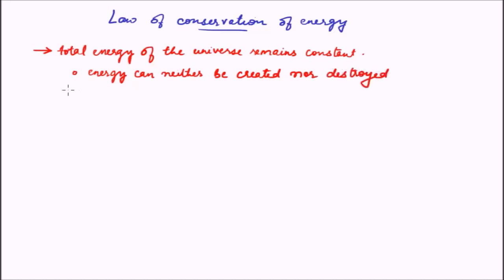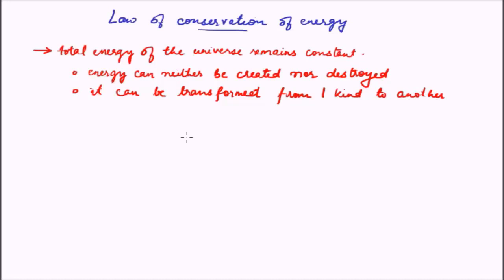It can only change form, it can be transformed from one kind of energy to another kind of energy. So the law of conservation of energy basically implies that the total energy in our universe is bound to remain constant. Energy will not be destroyed, nor can it be created.